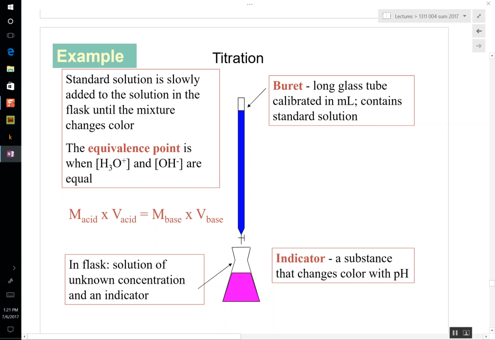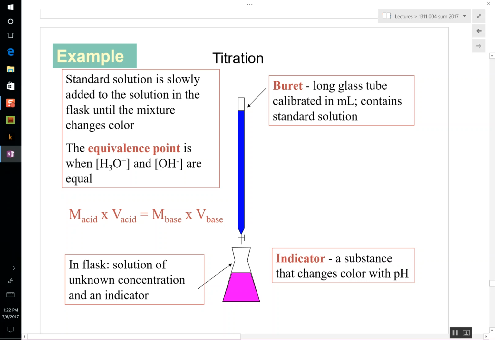Now you've got to start drawing on the things you've learned and pull them together. We talked about molarity. What is molarity? Moles per liter of solution. And a titration is being done in solution. Your acid and your base are dissolved in water. You're not taking solid sodium hydroxide and bubbling HCl gas through it.